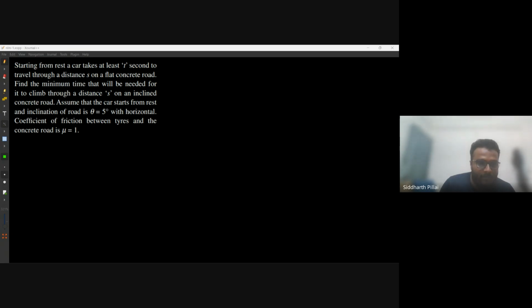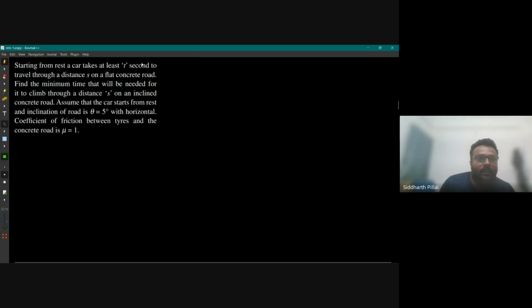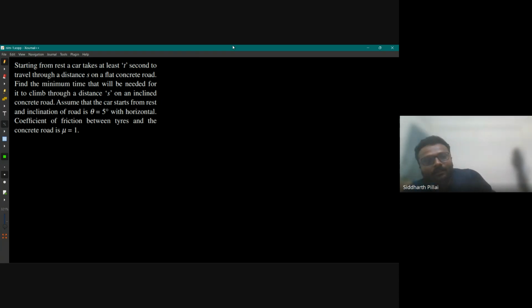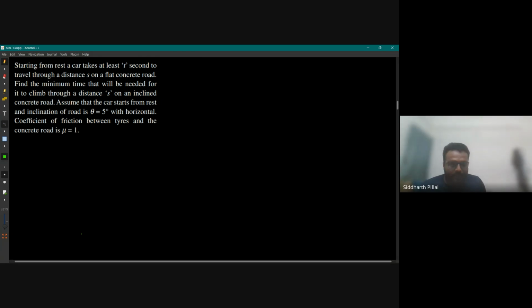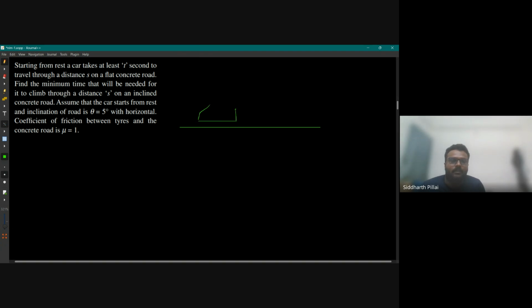What does this mean? It takes at least t seconds to travel through a distance s on a flat concrete road. That means that is the minimum time, right? So just answer this. On a road, let's say you have a car, which can travel with some acceleration a.